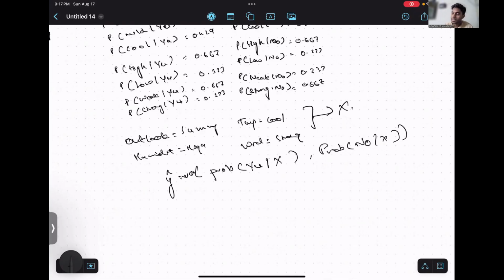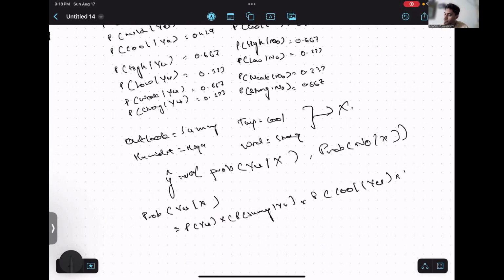So the probability of yes given x will be equal to P of yes into P of sunny given yes into P of temp cool given yes into P of high humidity given yes into P of strong winds given yes.